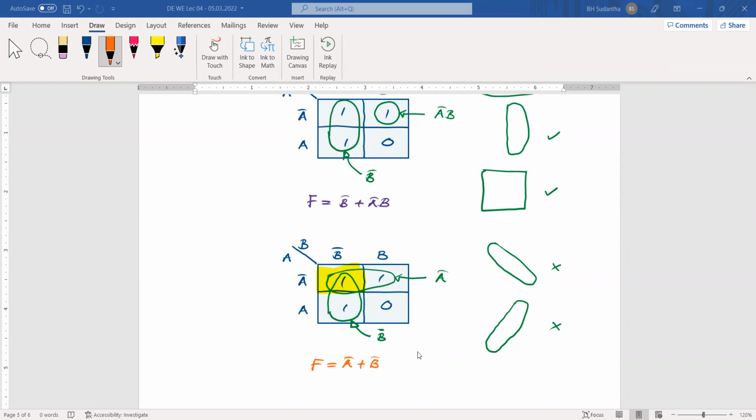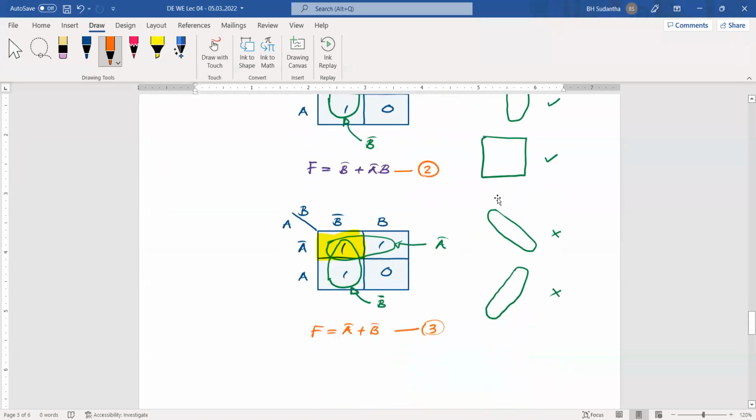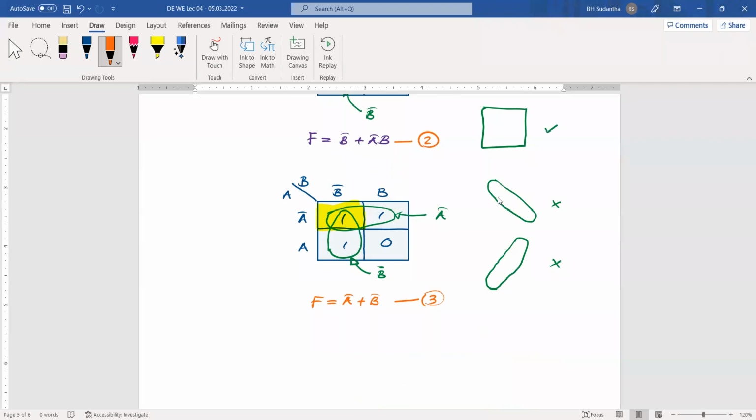Here, if you take this one, this is our third equation. This is our second one. This is our first one. Okay. Assuming that we have done the correct thing, the meaning is that we have covered one grid many times. Then which equation is the best one?